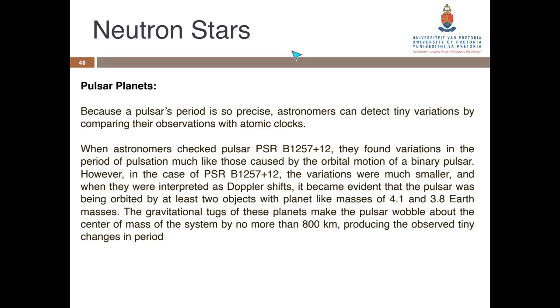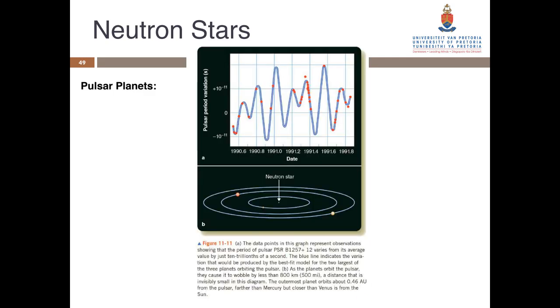The gravitational tugs of these planets made the pulsar wobble about the center of mass of the system by no more than 800 kilometers, producing the observed tiny changes in its period. So here we can see that little wobble caused by the planets orbiting the pulsar.